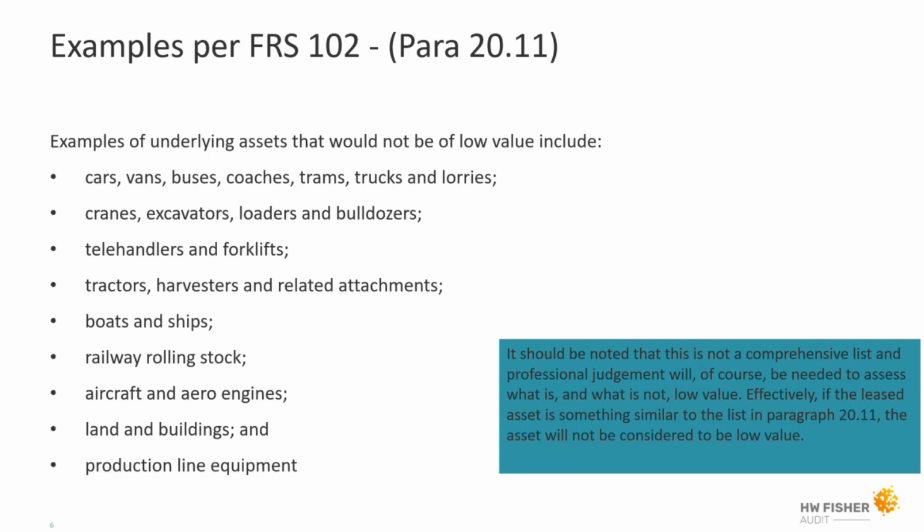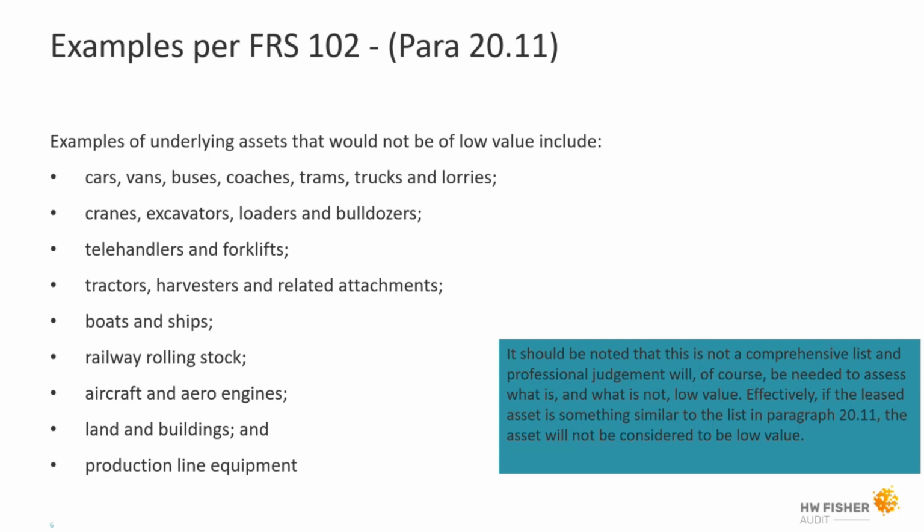FRS 102 is that's not how you're looking at it. It's looking at it in terms of how a person on a bus, an outsider, or a third party may look at it. So these are examples of underlying assets that would not be low value. So cars and vans, doesn't matter how big the organization is, those in themselves are not low value.